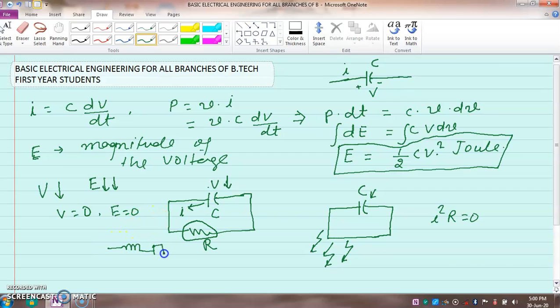You are doing work here and pressing it, so your work is stored in the mechanical system in a spring, and if you leave it, the amount of energy is again released. So in the mechanical system, energy is exchanged by means of the position x. In a similar way, here the energy is exchanged by means of the charge placing.